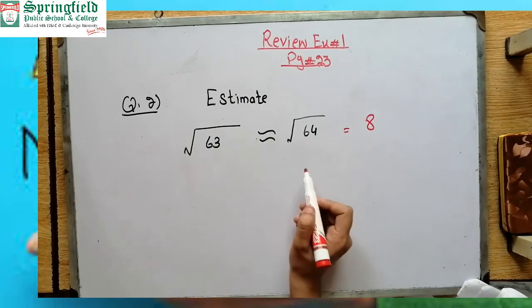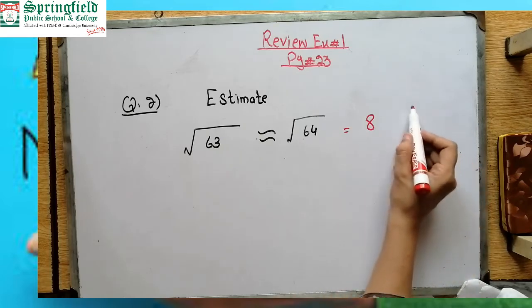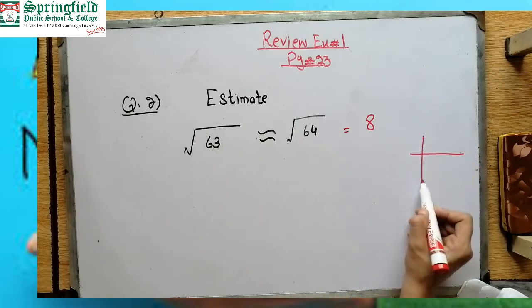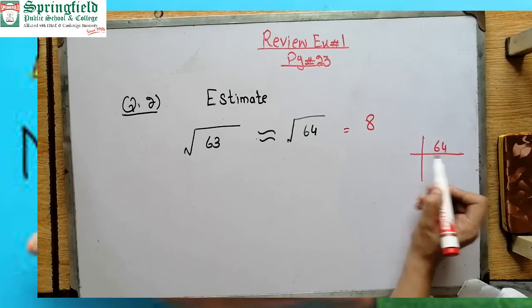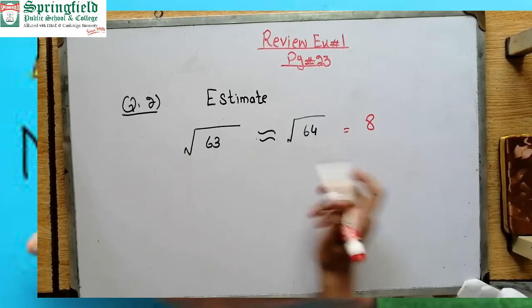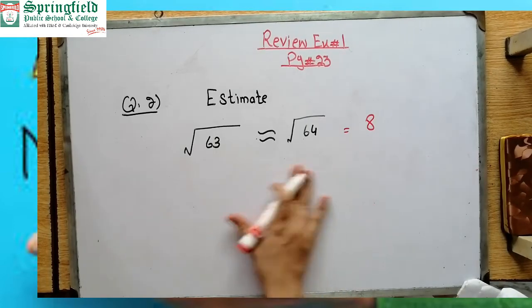We can check. First we will find the factors of 64 by using the prime factorization method. So you can solve here directly. First find out the square root.